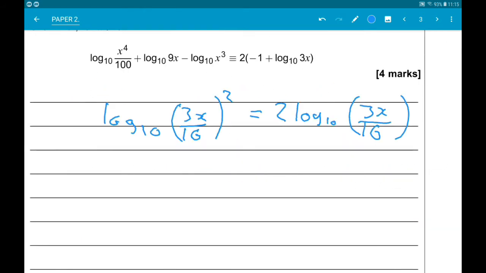Next then we can split with a log, so we can now say this is 2 lots of log 10 3x minus log 10 of 10.